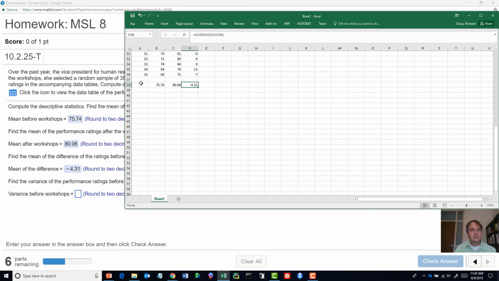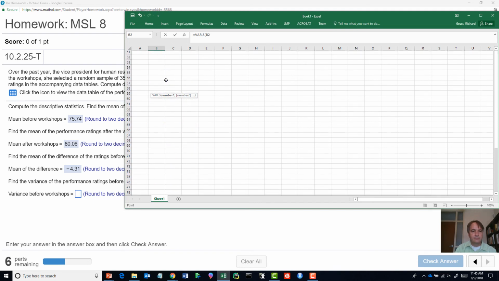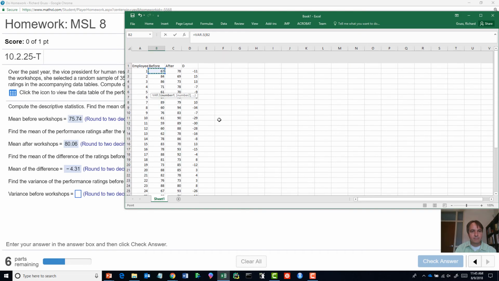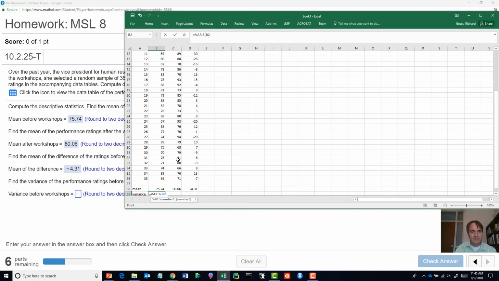Now find the variance of the performance ratings before. This is our mean row, this will be our variance row. This is a sample, right? So we always use VAR.S of this range. Sorry, my mouse pad is acting up here. I assume they're going to want 2 decimal places, and they're going to want the variance of all of these.